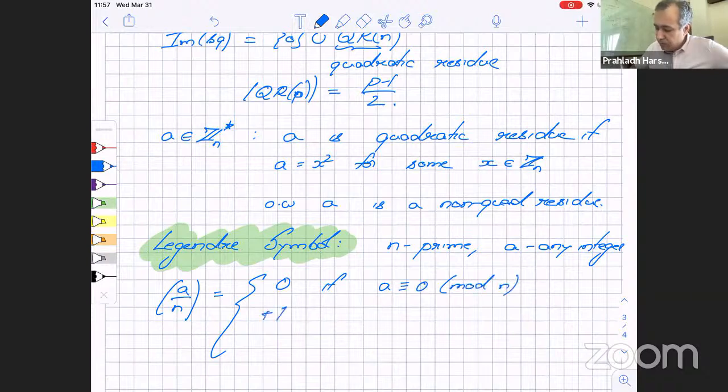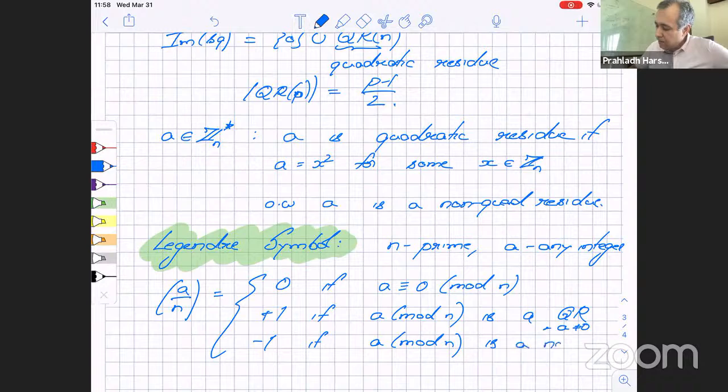It's plus 1 if A mod n is a quadratic residue. And minus 1 if A mod n is not 0 and is a non-quadratic residue. The Legendre symbol is just a shorthand for writing whether it's a quadratic residue or not.